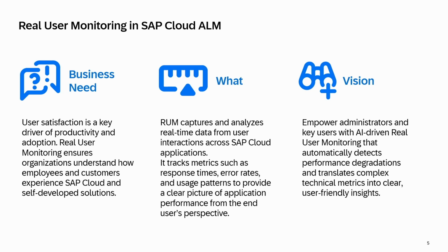This is then collected and visualized to the end user. And our vision is that not only reactively the administrator or business user is looking at it, but that also with machine learning or AI, it is automatically detected and the user is notified.